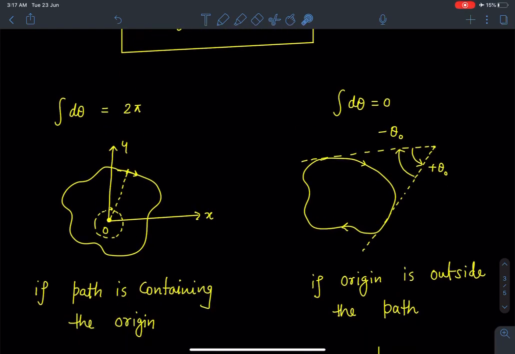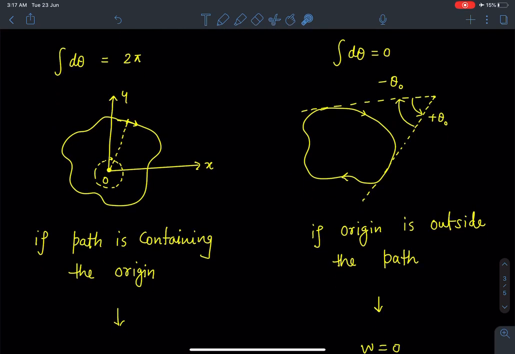In one case the path contains the origin, that means somewhere within this path the origin is present, and in this situation this line rotates through an angle of 2 pi to complete the entire path. Therefore integral d theta will become 2 pi if the path contains the origin.